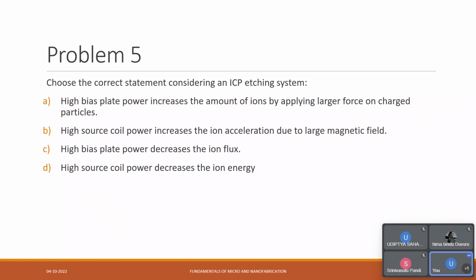That is also not an issue. Okay. Can you explain in brief why you think this option B is correct?